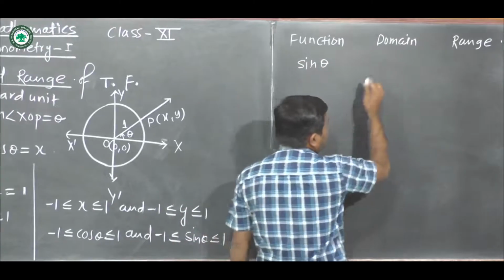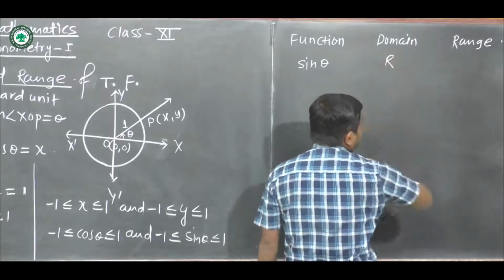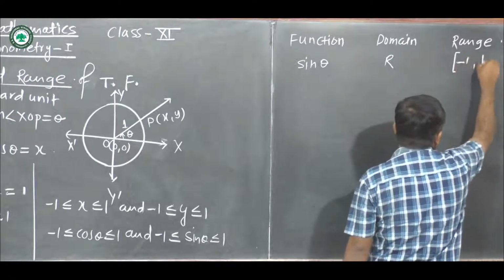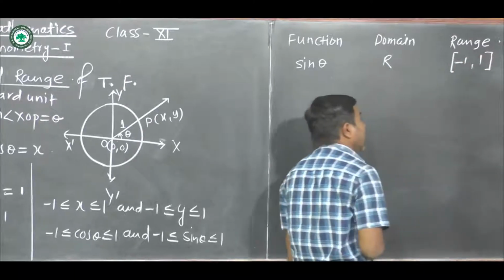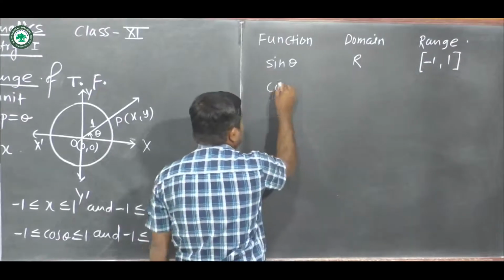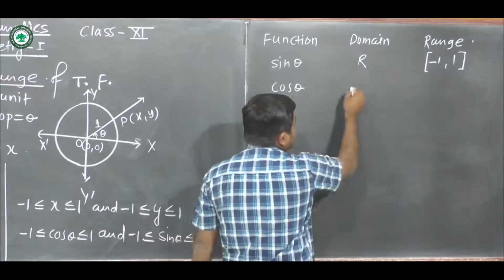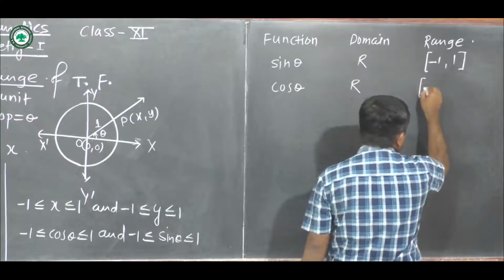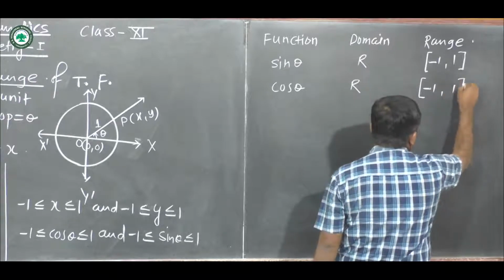Its domain is capital R, the set of real numbers, and range is the closed interval -1, 1. Similarly, cos theta. Its domain is capital R, the set of real numbers, and range is the closed interval -1, 1.